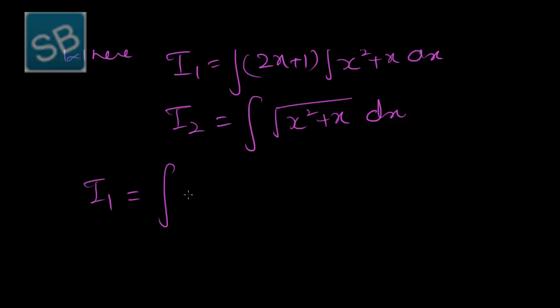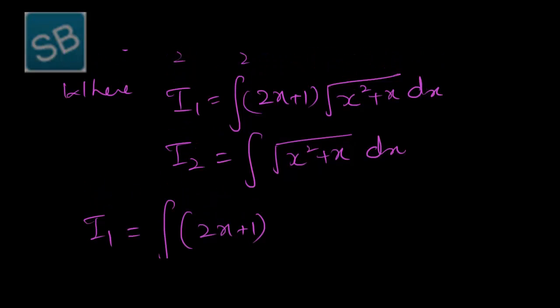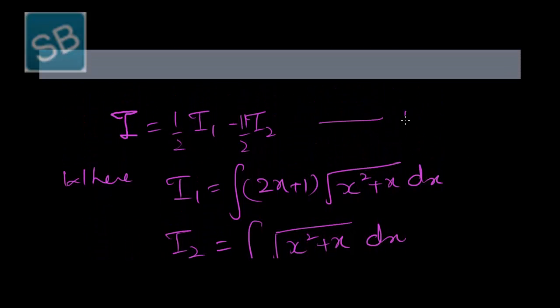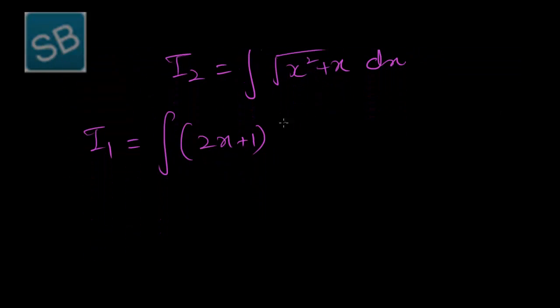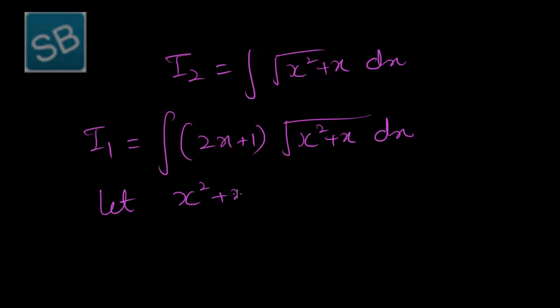As I1 is the integral of (2x plus 1), first of all we will name it equation 1, under root x square plus x dx. So let x square plus x be equal to t. On derivative it becomes (2x plus 1) dx is equal to dt.